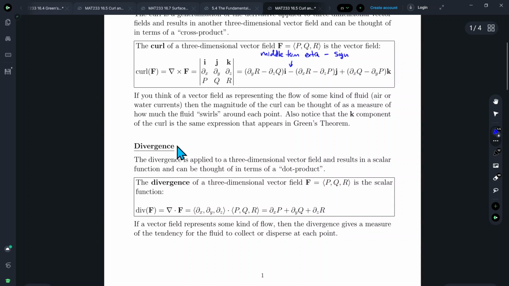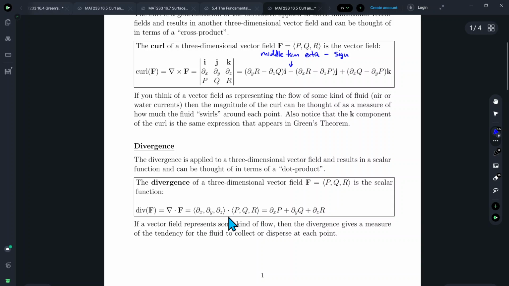Next, let's talk about the divergence. Again, this is a kind of derivative that's applied to a three-dimensional vector field, except the result this time is a scalar function, and the calculation can be thought of in terms of a dot product. So the formula is given here. The divergence of the vector field f is del dot f, which is just the del operator dot product with the components p, q, r.